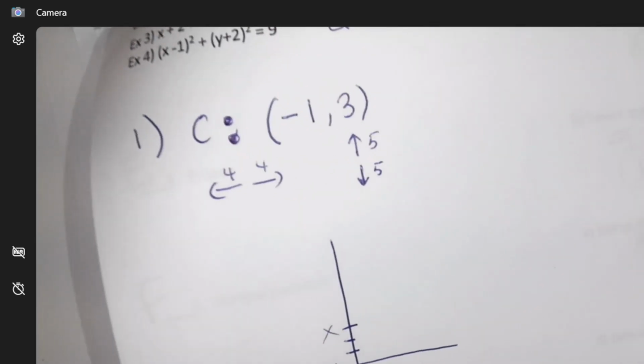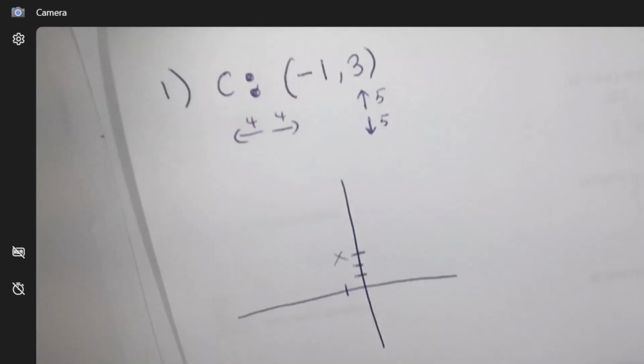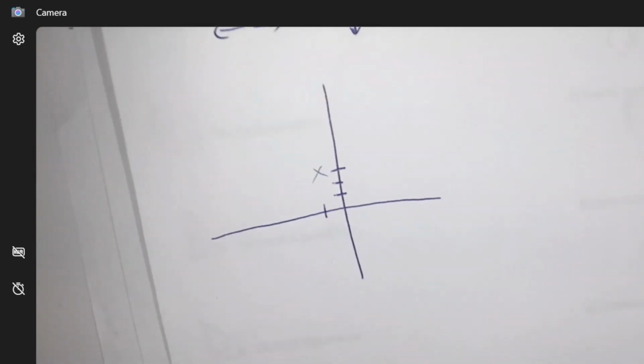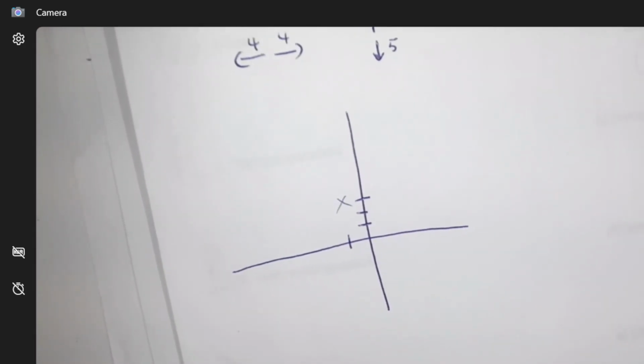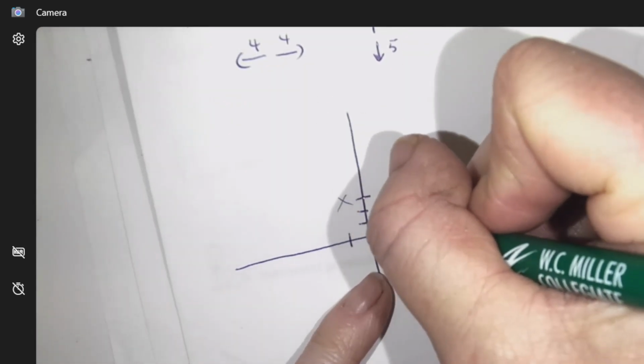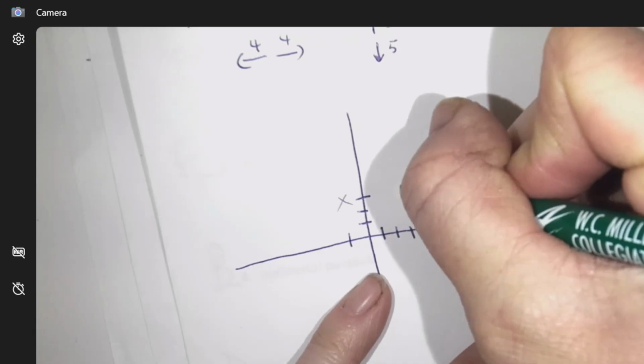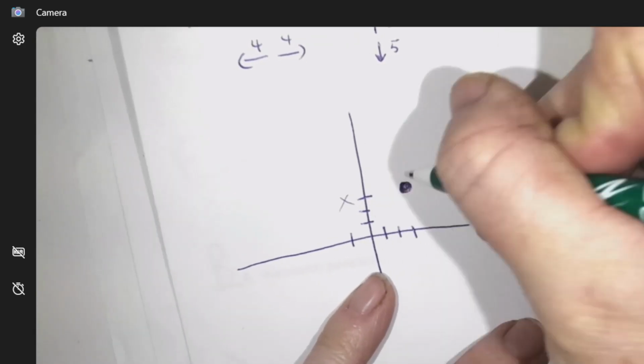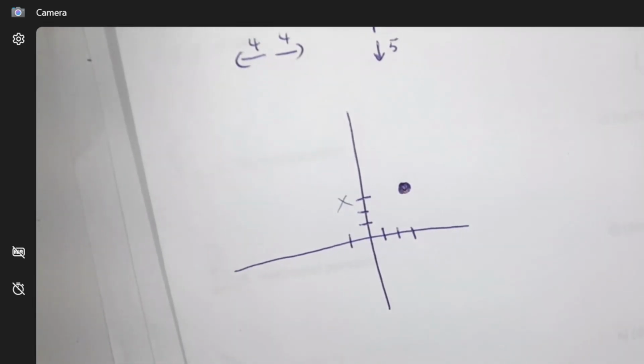Okay, you're not supposed to draw a point because the center is actually not on a circle. It's in the middle of a circle or an ellipse or whatever. And then you do 4 to the right of that.